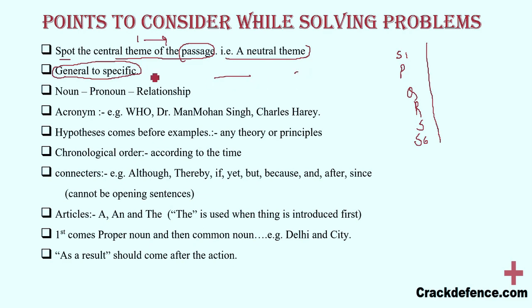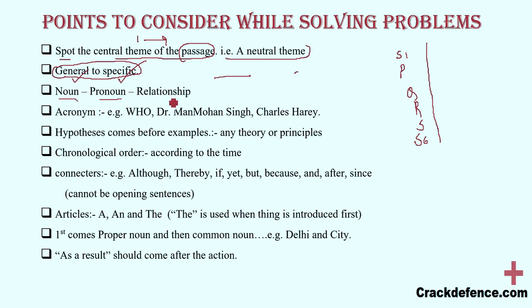So there was a depression is general information, and the effects of that depression in XYZ country become specific. Keep this in mind, that the first sentence will be general information followed by specific information.